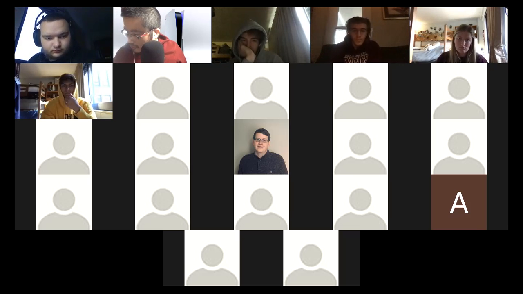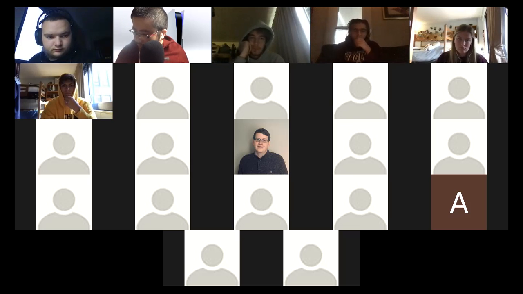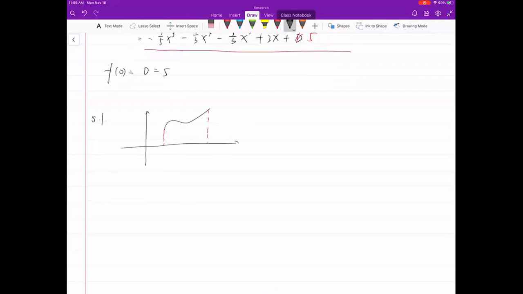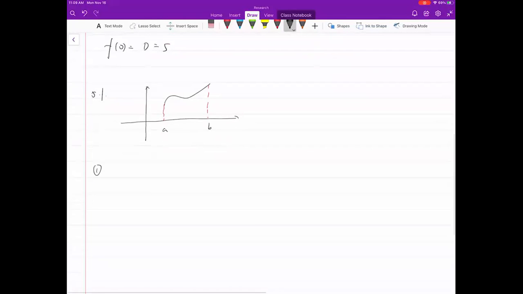Screen share. All right. I was trying to find the area under this curve from a to b. Let's repeat what we had last time. You have an interval.